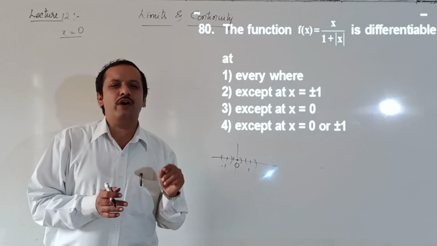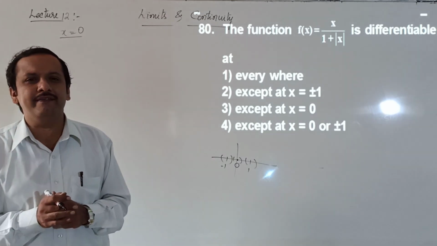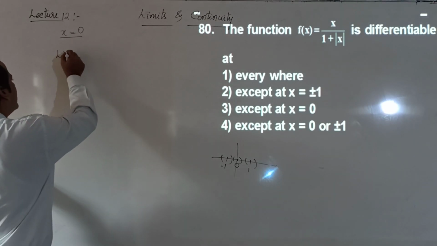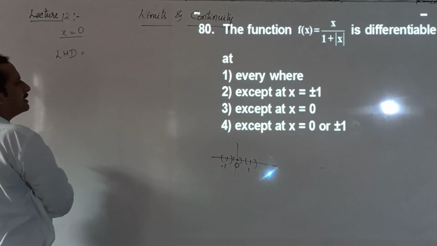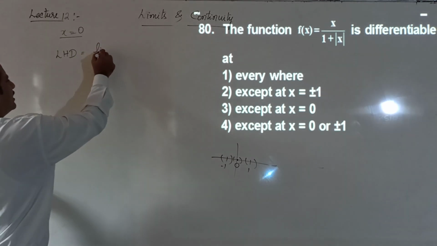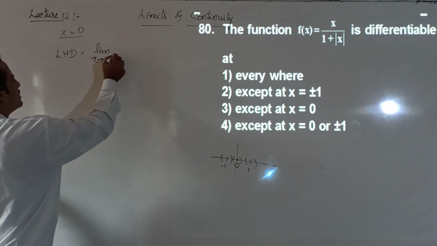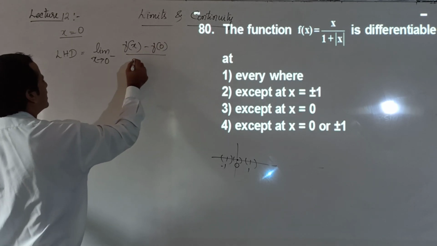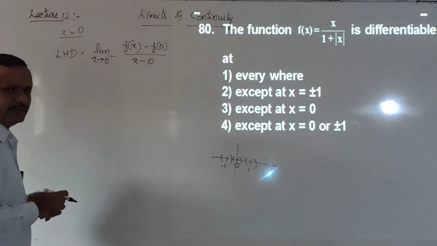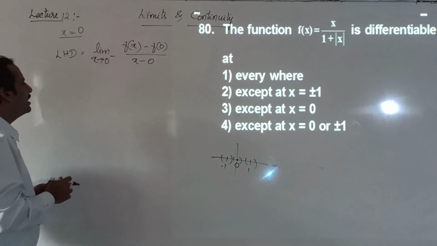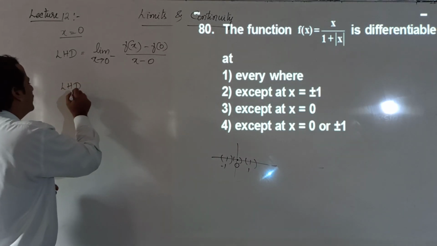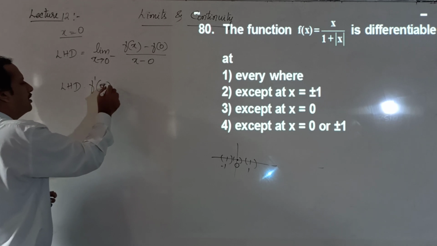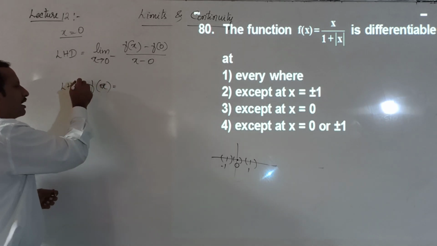So we need to go for left hand derivative and right hand derivative separately in this case. Okay. So the left hand derivative is nothing but limit x tends to 0 minus of (f(x) minus f(0)) divided by (x minus 0). This is the actual method. In the direct method, what I do is first find out f(x) for the left hand derivative.